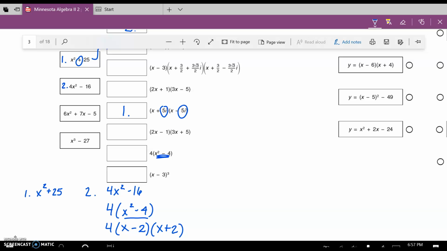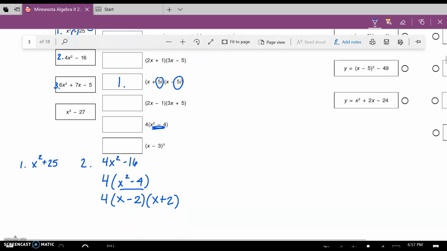Okay, on number 3, I have 3 terms, so I can't do greatest common factor. Well, you could do greatest common factor, but there isn't a greatest common factor. So you would have to either draw your x or do slide and divide. And since there is a term out in front, I have to do slide and divide. So 6x squared, so I have to take the 6, multiply it out front.